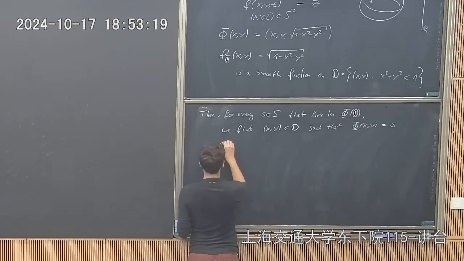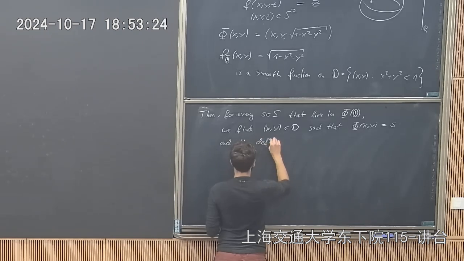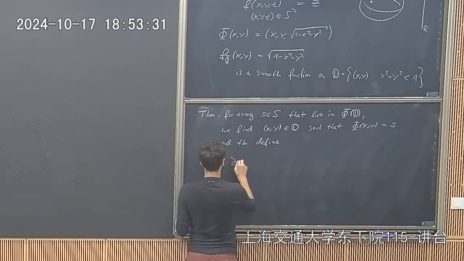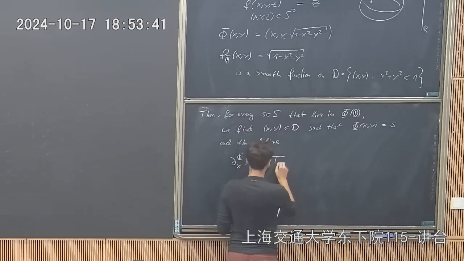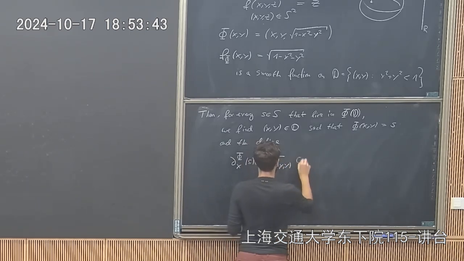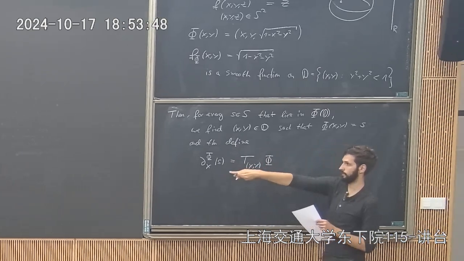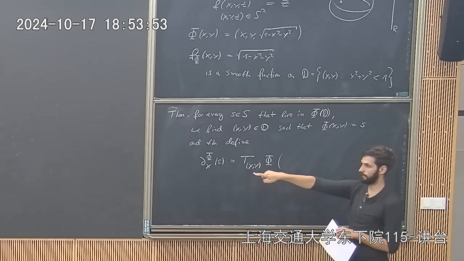And then we define a certain expression. I'll first write it down and then walk you through. It's a certain expression that depends on the point S. What we do is take the derivative of phi, which is the map over there, and that one eats tangent vectors in R2.